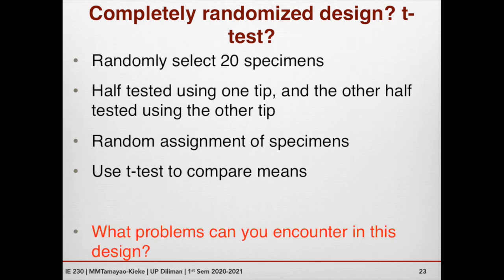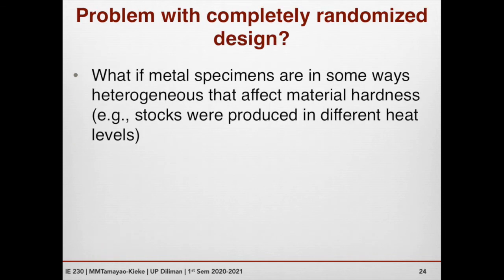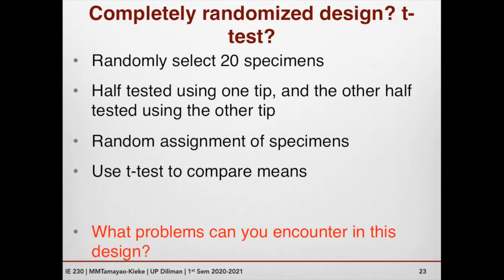What problems can you encounter in this? In this setup, where you have a completely randomized design, you can use a t-test, for example, because you have less than 30 and you don't know the population variance.